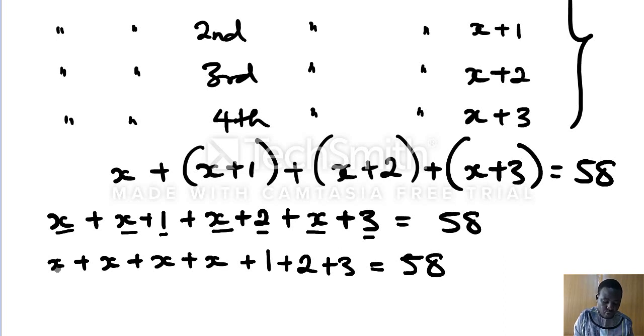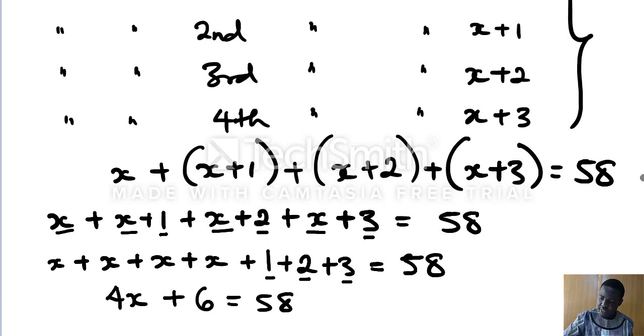Now, I'm going to sum this up because they are like terms. x plus x will give me 2x, plus another x is 3x, plus this is 4x. So this is going to be 4x plus 1 plus 2 is 3, 3 plus 3 is 6. Therefore 4x plus 6 is equal to what? 58.